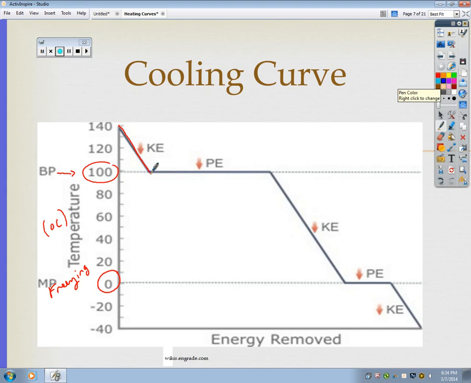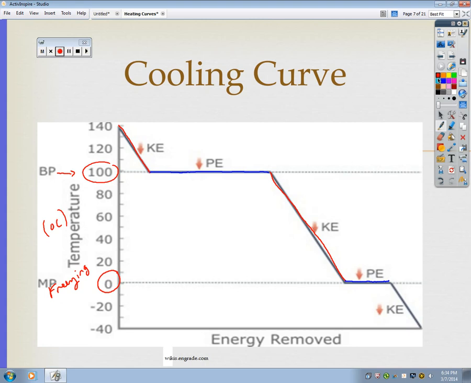Then, after that kinetic energy is given off, potential energy, all the water vapor is attracted to each other and then forms liquid water, cools off. That's kinetic energy, until it reaches 0, and then slowly but surely all the ice particles start forming, and all these attractions form.